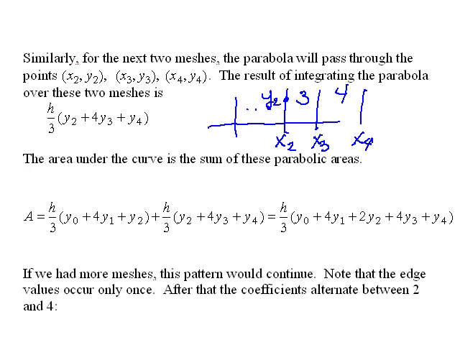Alright, and here's the answer. We don't have to worry about any approximating rectangle. We're not multiplying height times width. We're integrating under that parabola. Alright, and the mesh is in here, it's h, but it's h over 3, and you have y2 plus 4 times y3 plus y4.